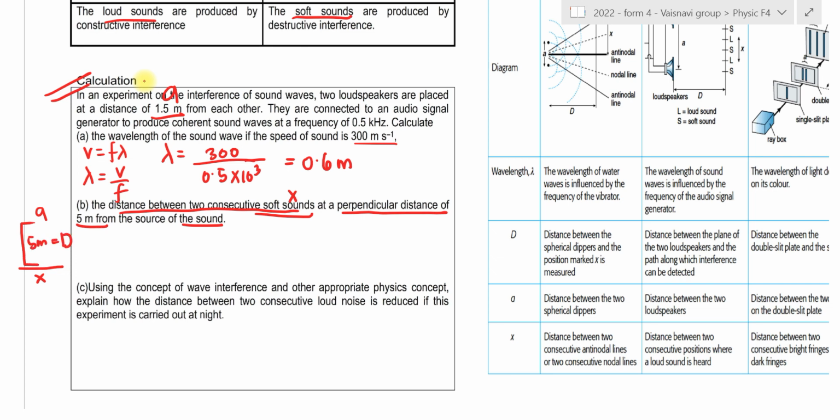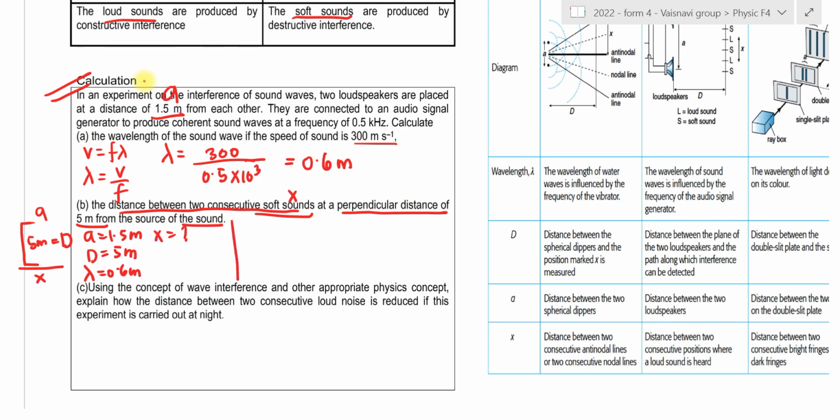Maksudnya that is your D. Okay, so we know that A is equal to 1.5 meter, D is equal to 5 meter, lambda dah dapat 0.6 meter. Sekarang kita kena cari X je lah.